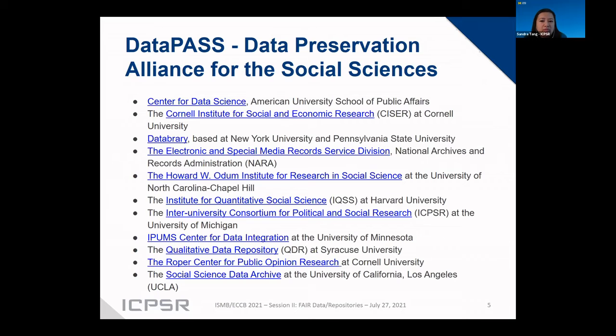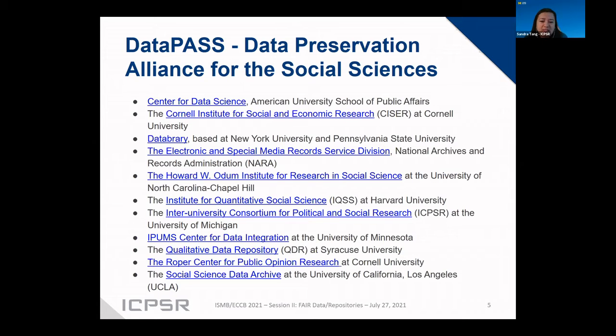Also, we are a member of DataPass, and this is a project that was funded by the Library of Congress to create a sustainable partnership model for preserving at-risk social science data. So we've partnered with other archives in the social sciences, and we came up with best practices for preserving the social science data. We've drafted archival standards for the partnership, and we also cooperate on various technology solutions for strengthening the preservation and access.